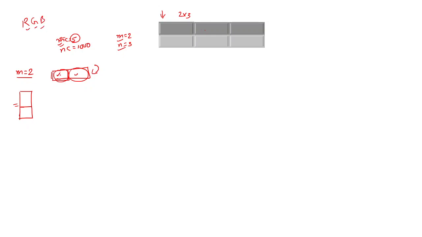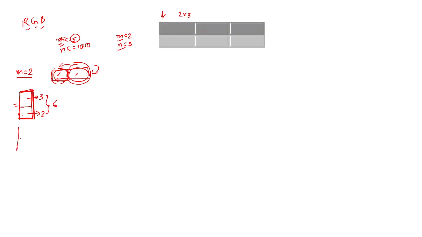Any of the three colors can be put in the first box, and then in the next box we have to see that it should not match the previous one. So this first cell can be filled in three ways, and once this cell is filled, the next cell can be filled in two ways. So the total number of different strings that we can generate with length m, that is 2, so that no two adjacent colors are the same, is 6.